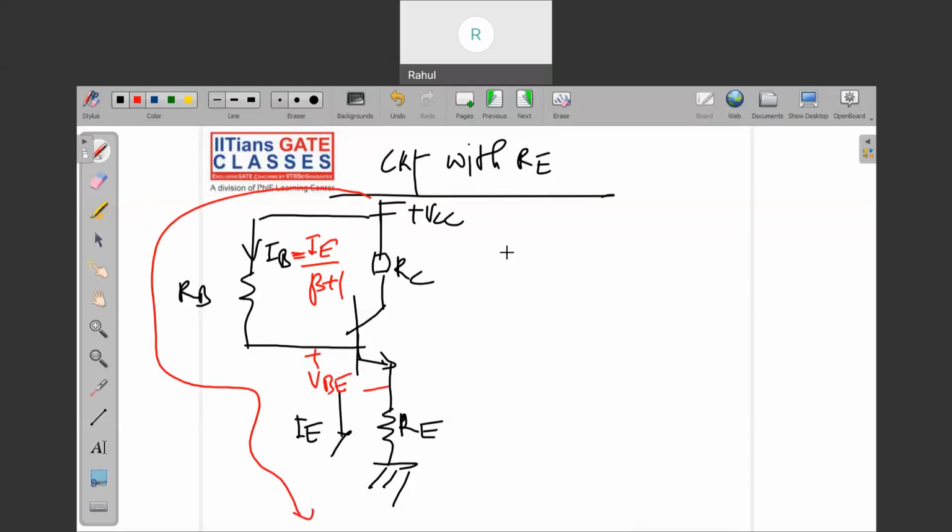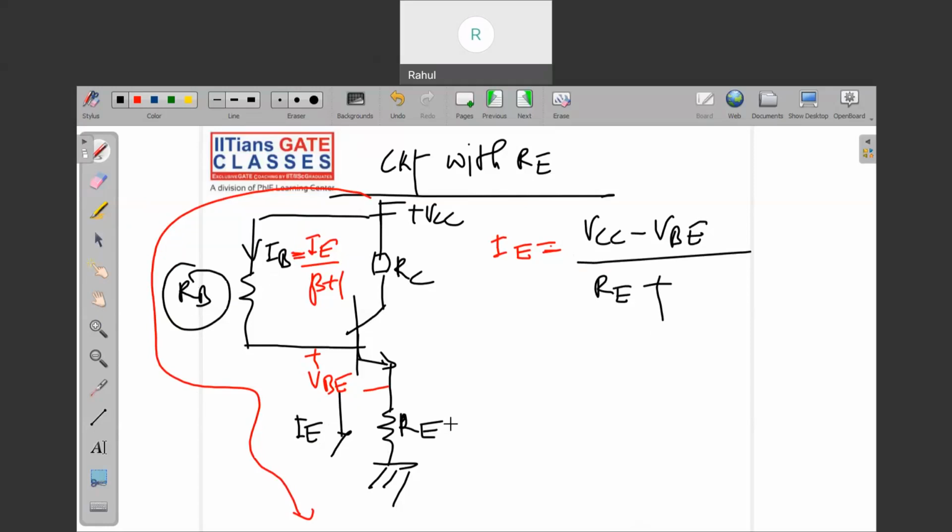So we can write directly, here it is flowing IE by beta plus 1, here IE.